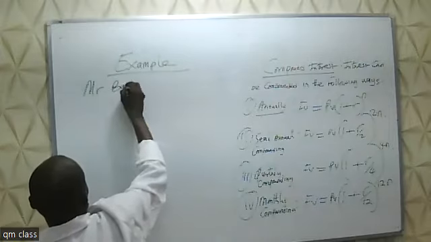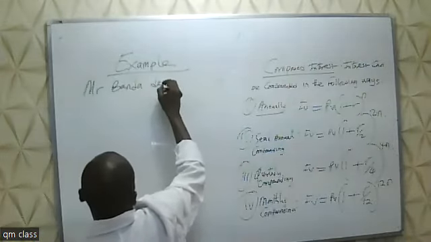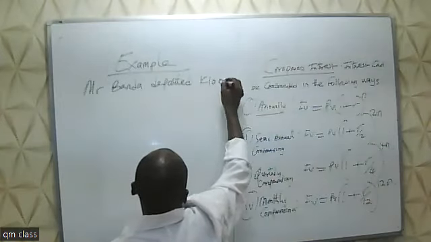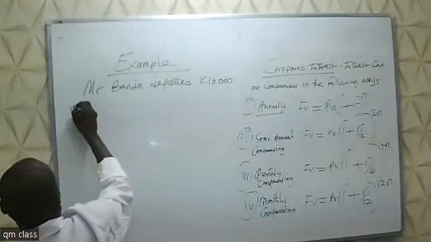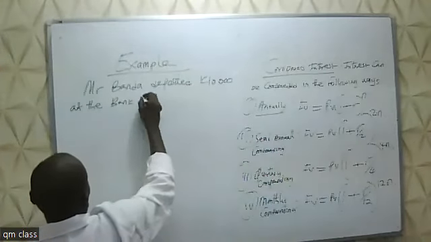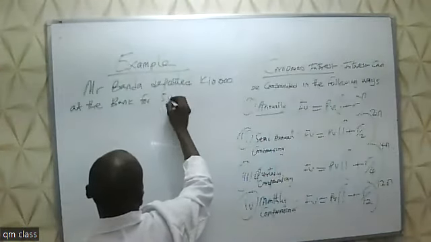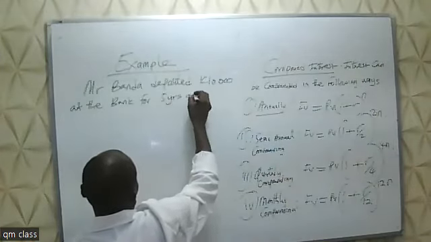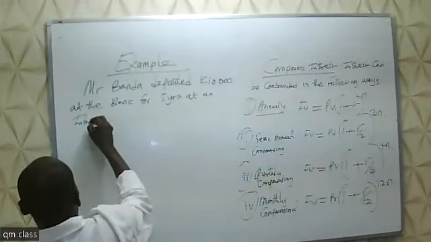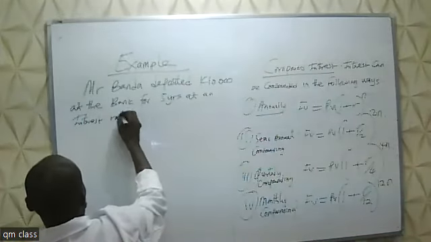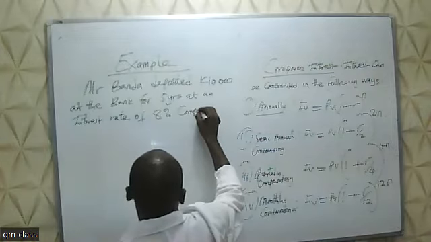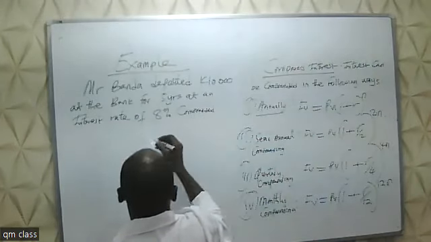Mr. Banda deposited 10,000 kwacha at the bank for 5 years at an interest rate of 8% compounded annually.